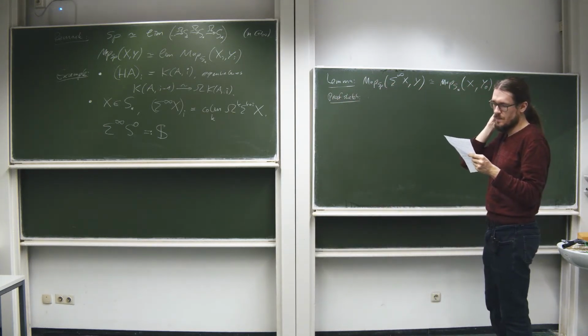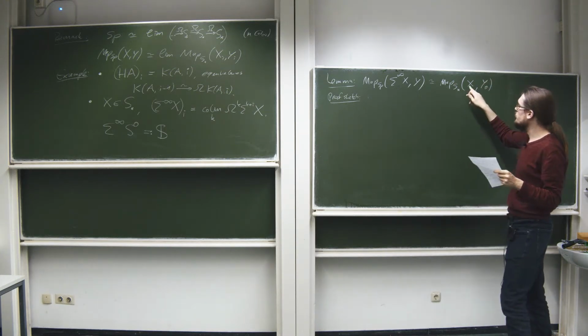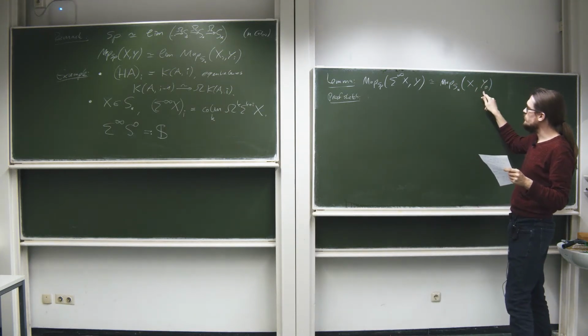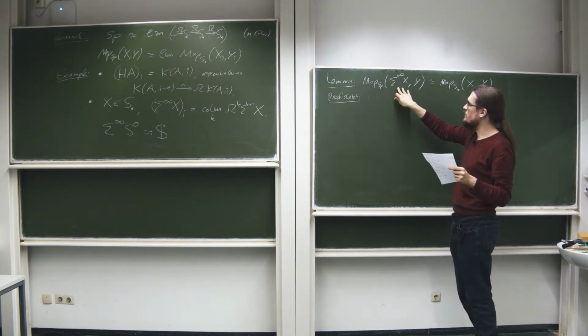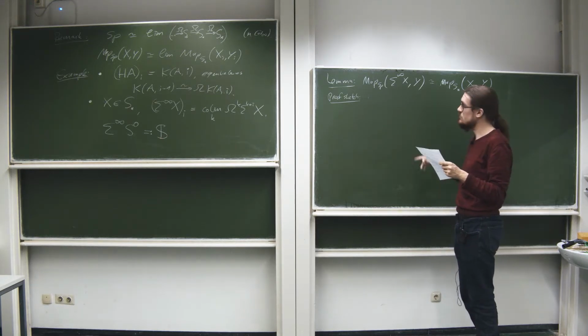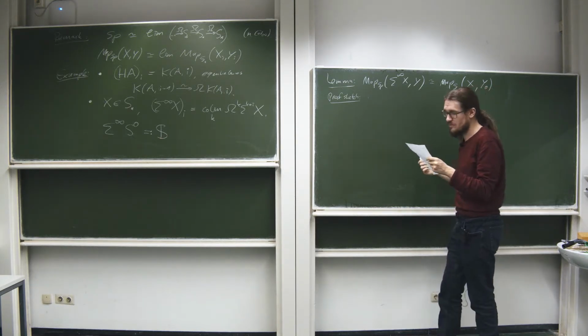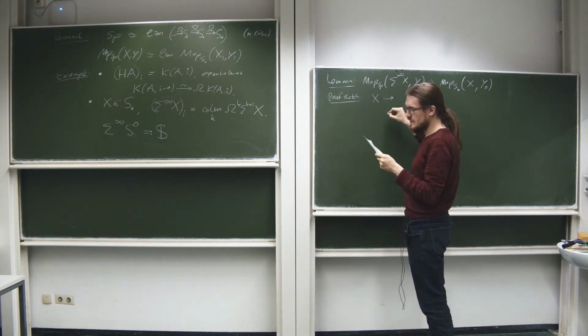I'm going to produce, starting with a map from X to Y0, somewhat canonically a map from sigma infinity X to Y, and then claim that that defines this kind of equivalence between mapping spaces. So what's the idea here?